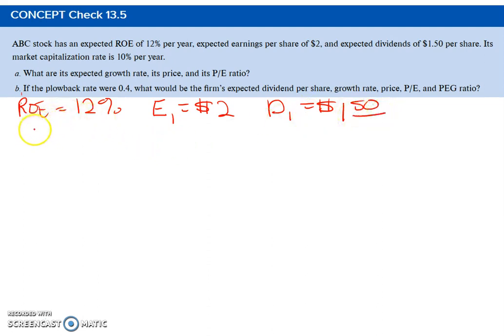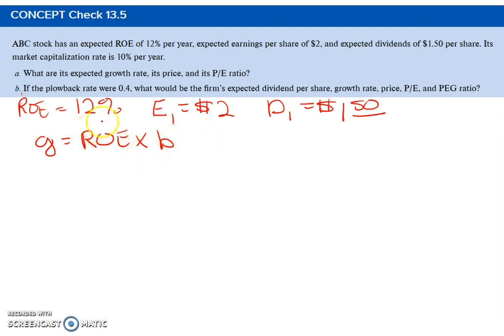So our growth rate is going to be ROE times the plowback ratio. So we use B for the plowback ratio.